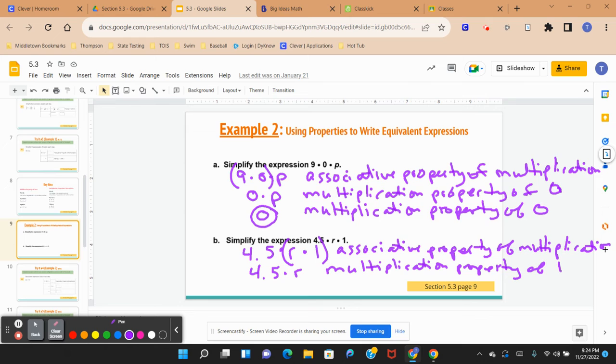Now the only thing you have to do is rewrite to simplify, because you know that a number times a variable, you just put right next to each other. And that is your final answer.